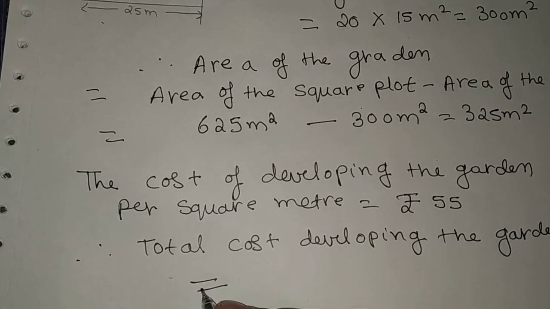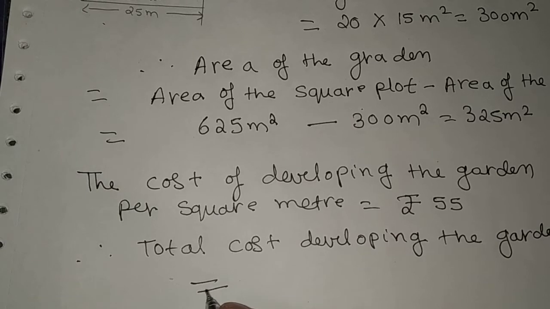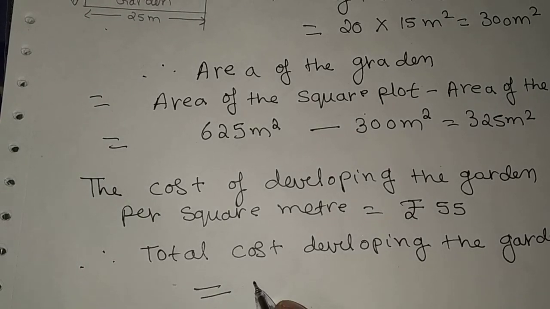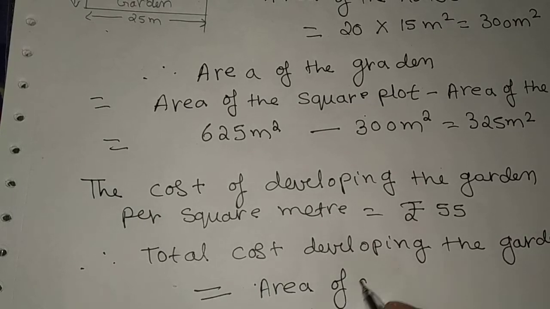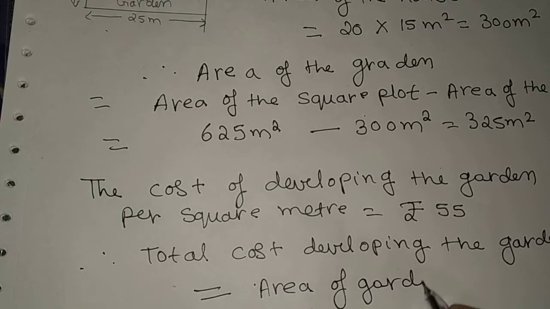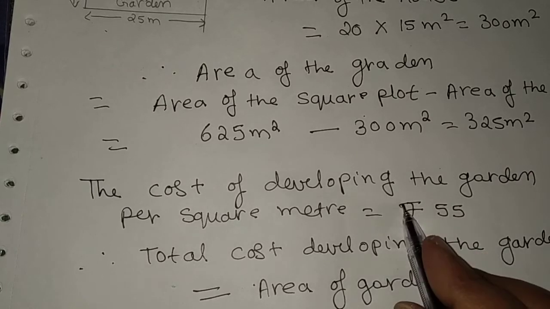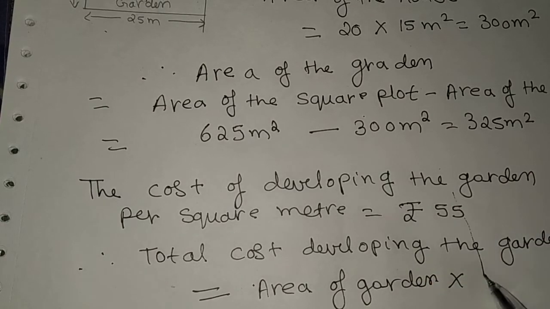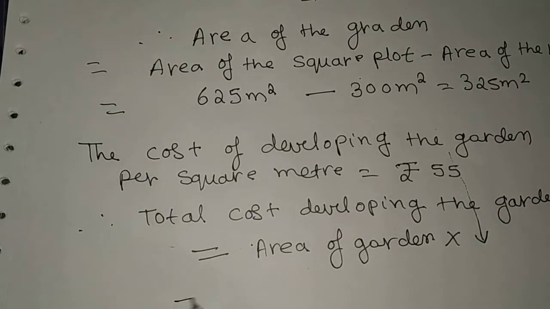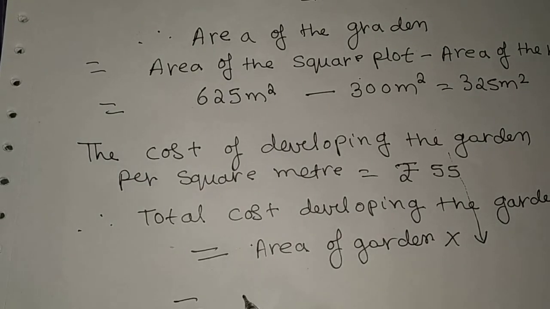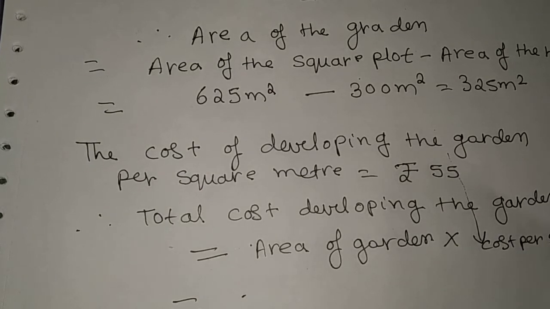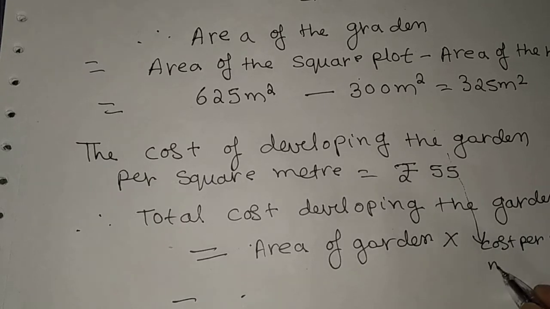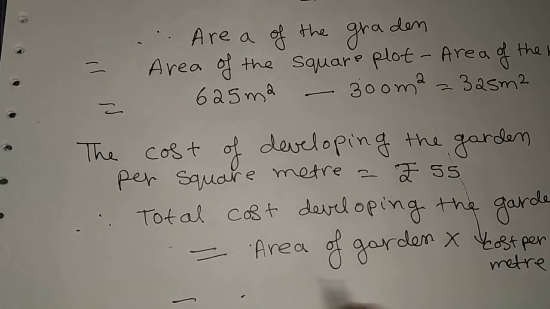That is rupees, area of the garden into this 55, that is area of garden into cost per square meter. So substitute the values.